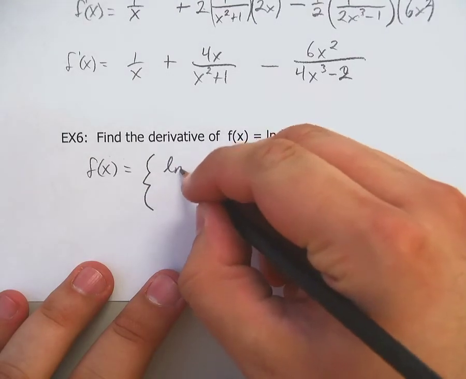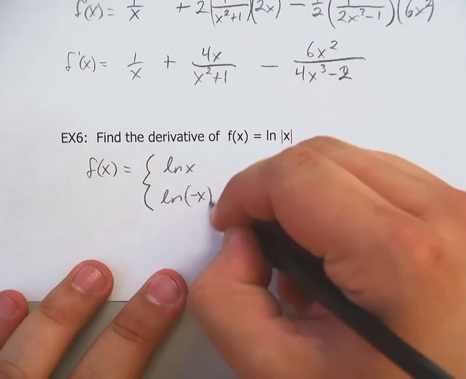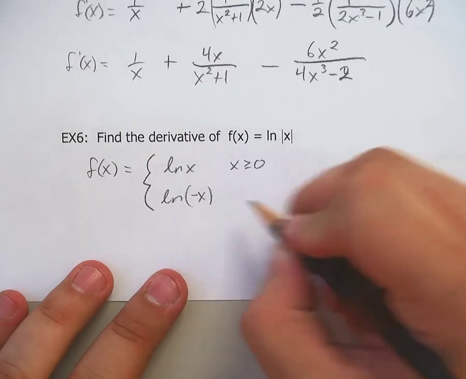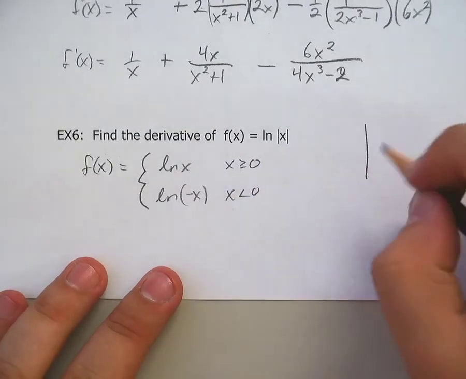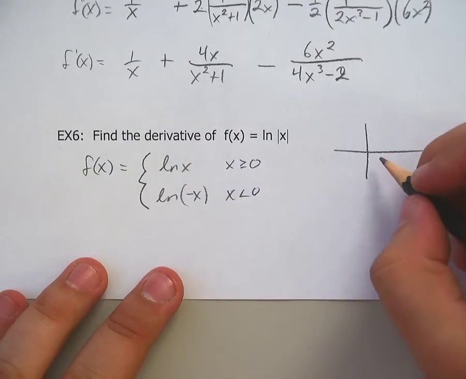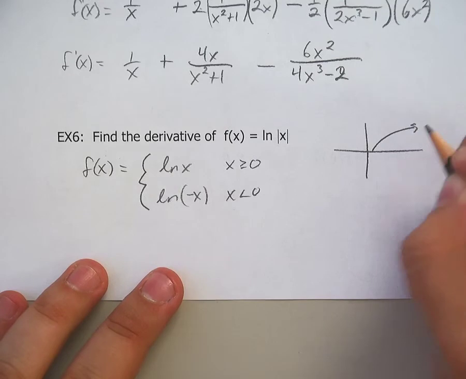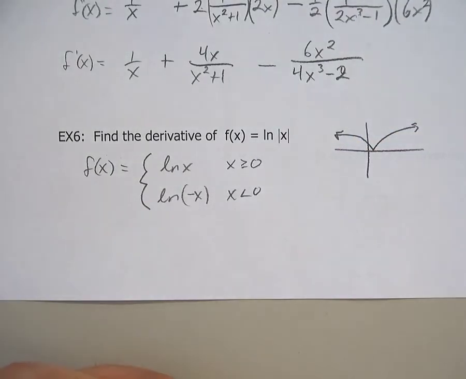We have the natural log of x and the natural log of negative x. This is when x is greater than or equal to 0, when x is less than 0. Here's basically what you're looking at. You've got the absolute value. It's going to be something like this and this, roughly, just to give you an idea of what it looks like.